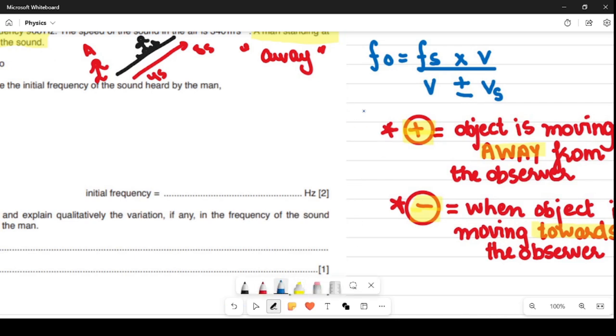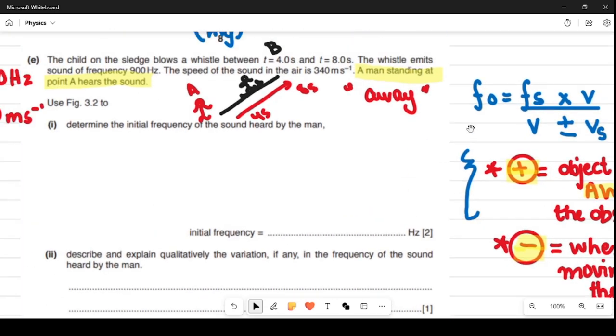In our question, we are concerned with away, so we will be using the plus sign.